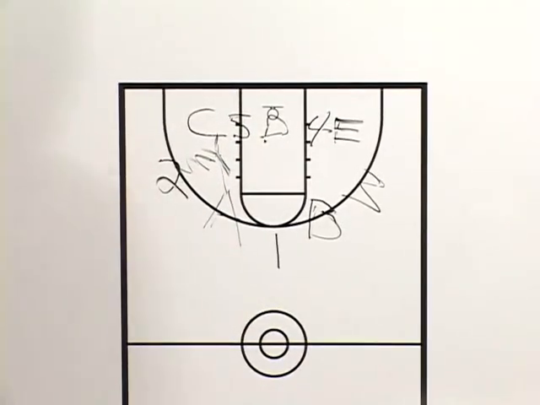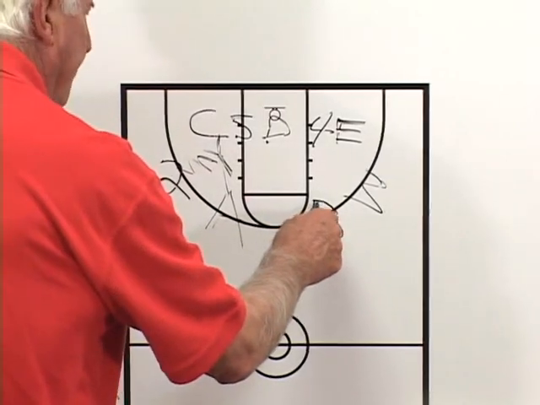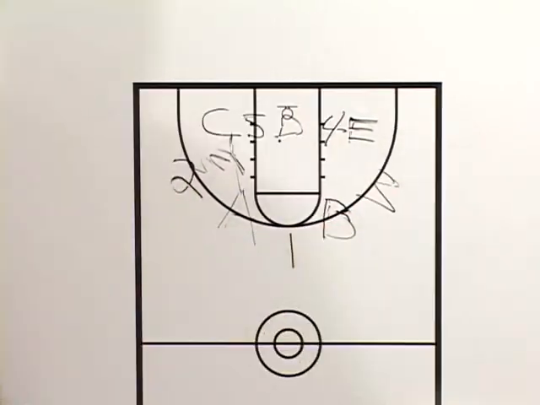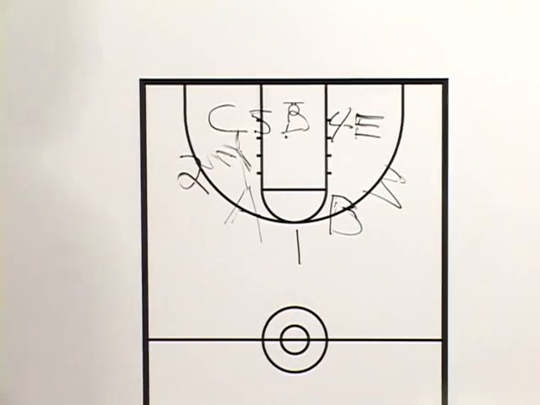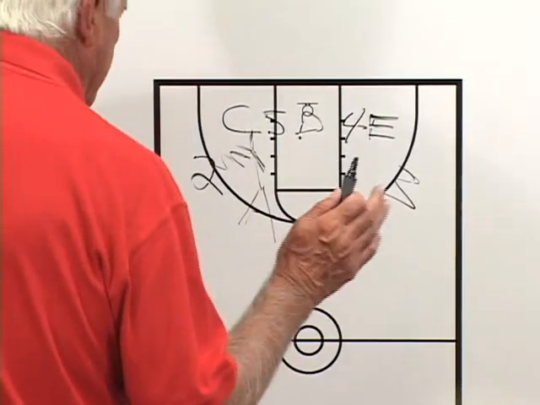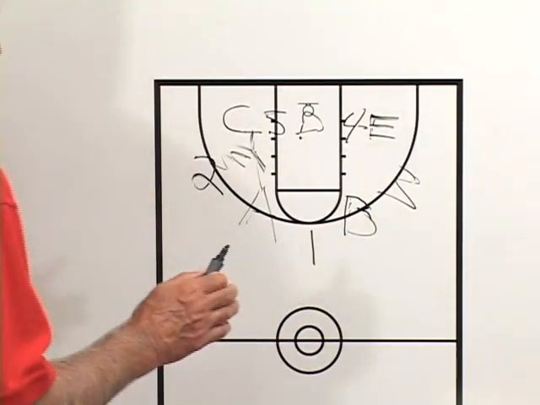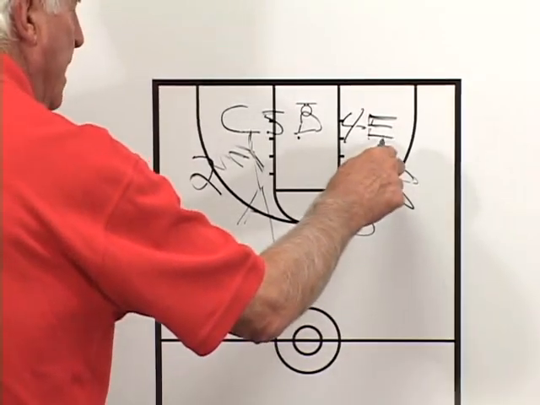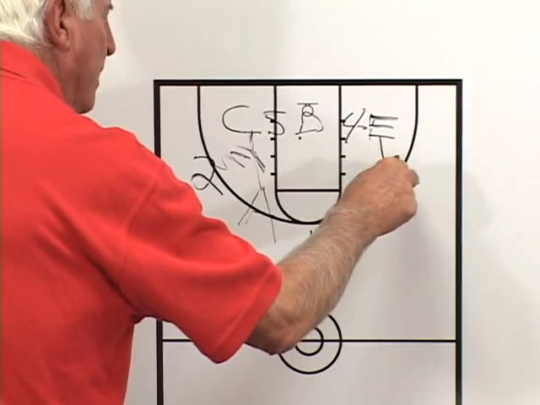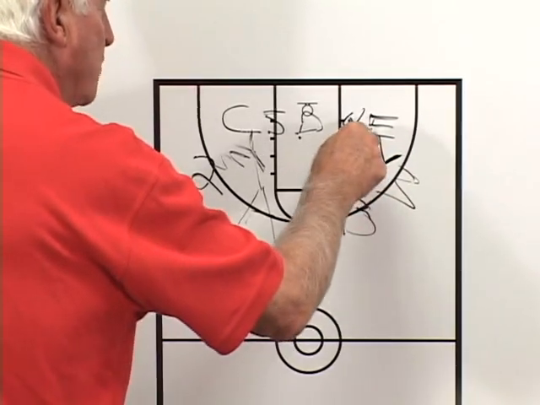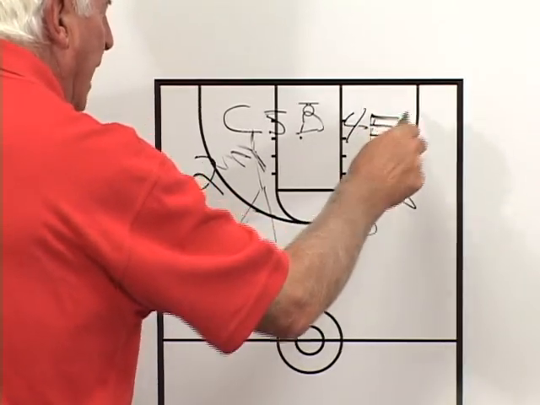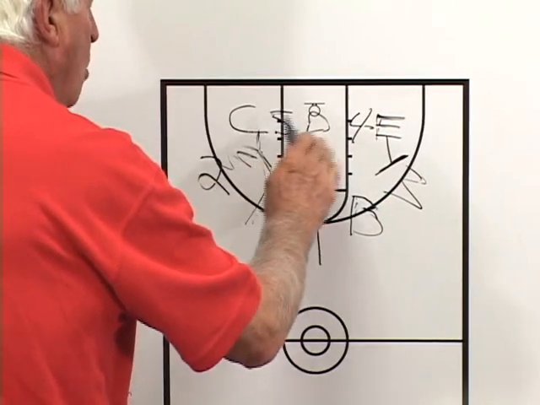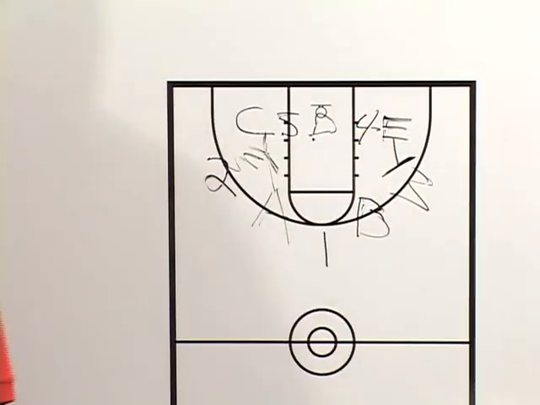That means that B is left to guard 1 and 3. Or, as is often the case in playing against a 2-3 zone, when the ball is reversed to 3, E has to come up and guard him, which allows 4 to step out on the baseline. And of these 2, we always want to go toward our best driver.